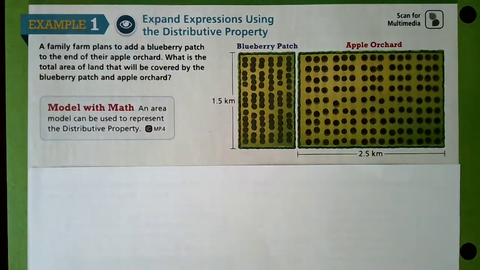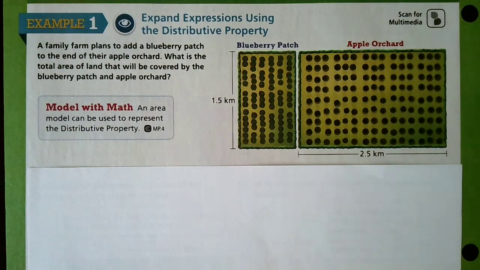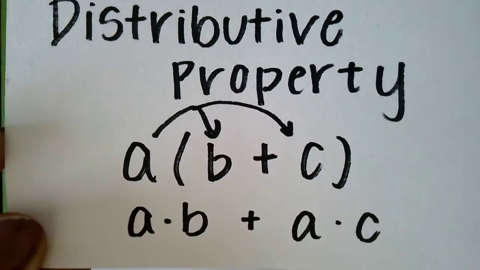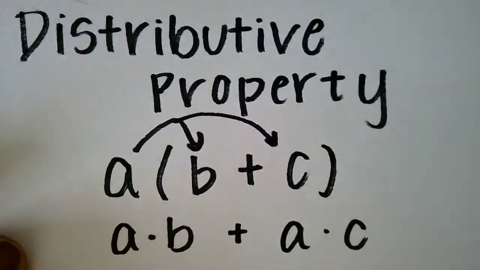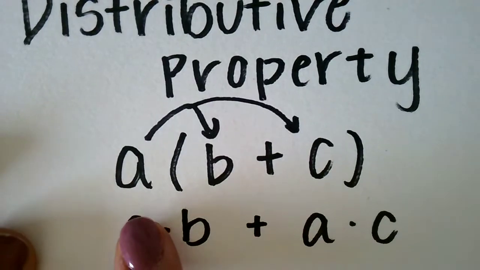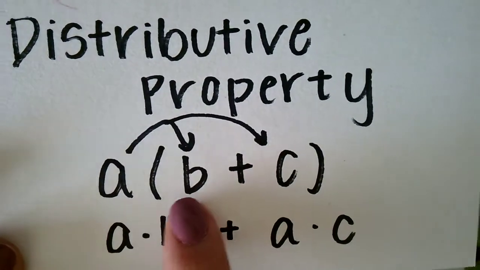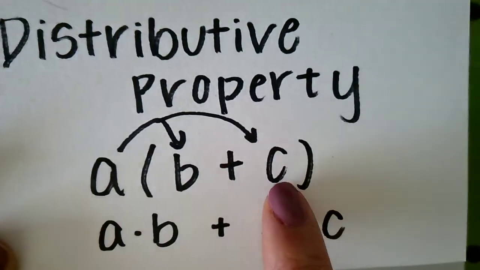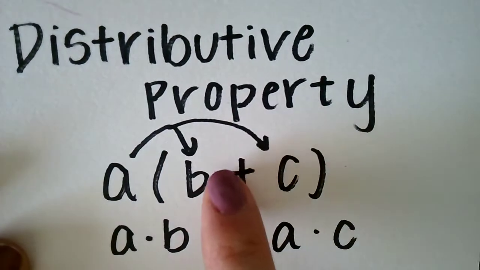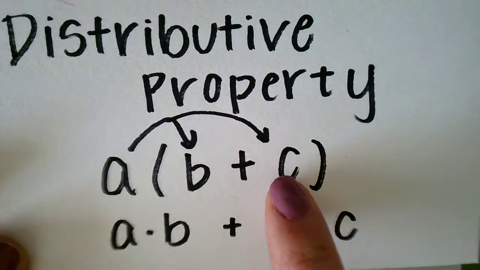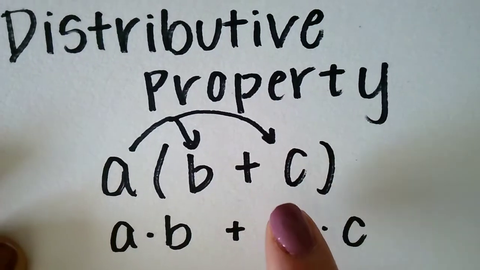But we need to first review what the distributive property is. And so here's the example. If we have some number or some term outside of our parentheses and it's being multiplied to something inside, like b plus c, then we have to multiply that term or number to each of the terms inside.